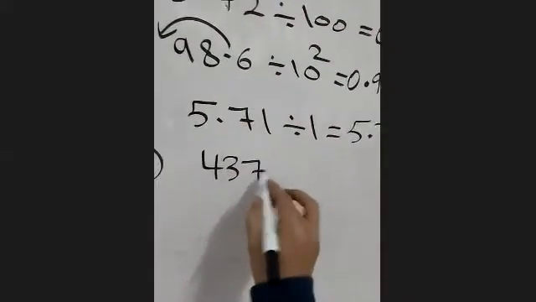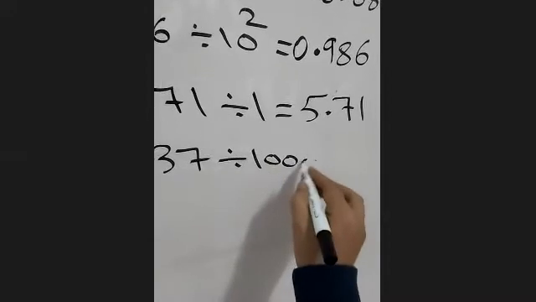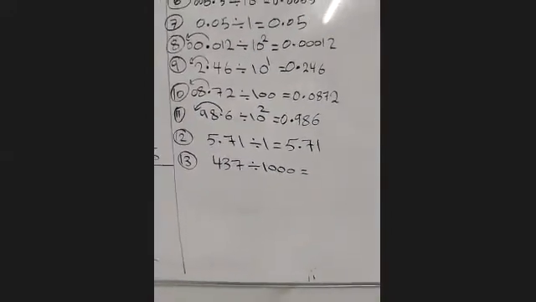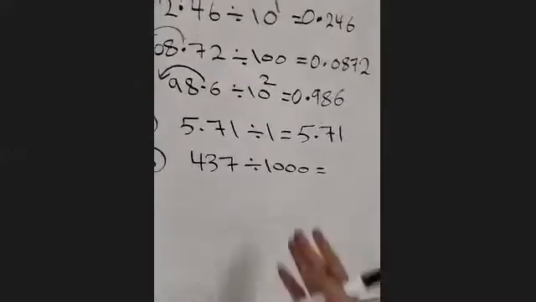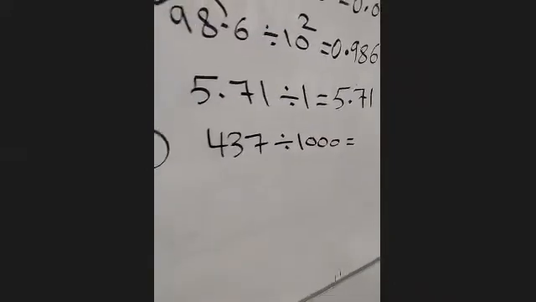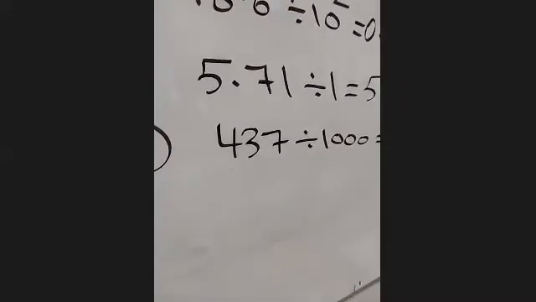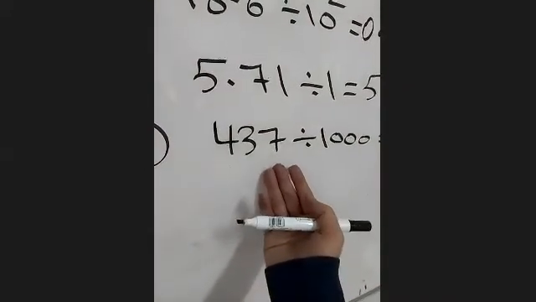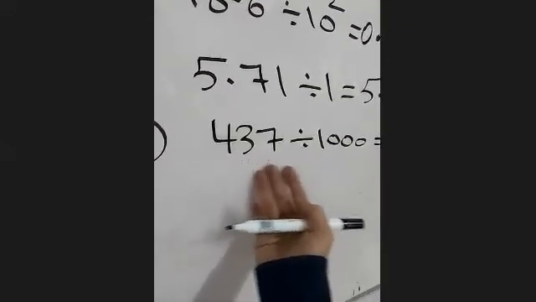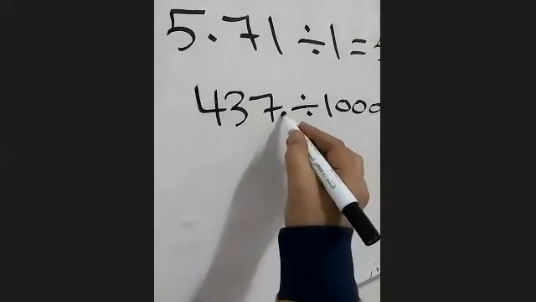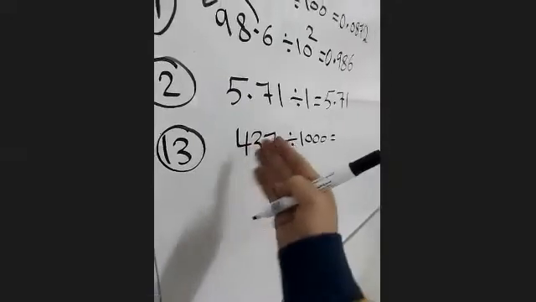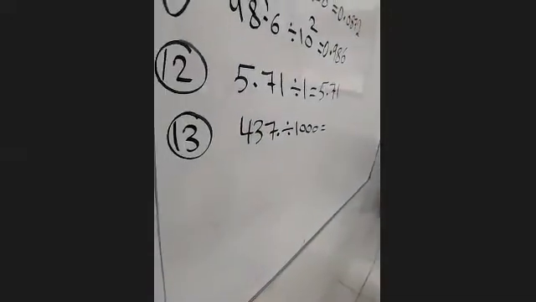437 divided by 1,000. And Umran also asked me about this question. Focus, Umran. Now tell me here, what we will do? We put decimal after 7. Good. Umran, if you listen to me, here we have no decimal. If the number has no decimal, we put decimal after the number like this. And we push it to the left as Kinan said.